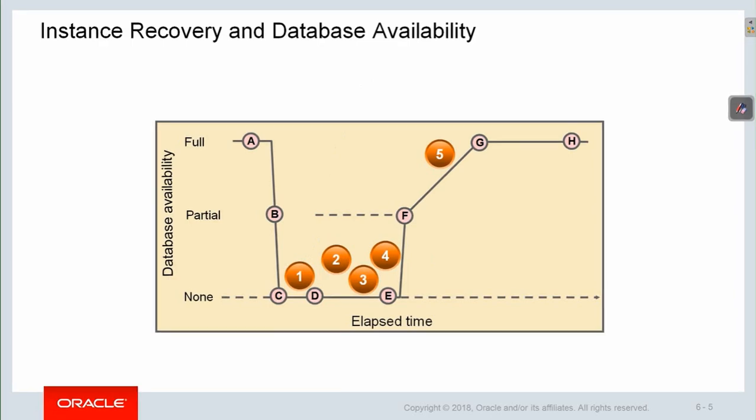Because of the internal process during instance recovery, your database will not be available just temporarily, for 1 or 2 seconds. And then your database will be available after completing instance recovery. Even though during the instance recovery time your database will not be available, that's only for a very short amount of time.